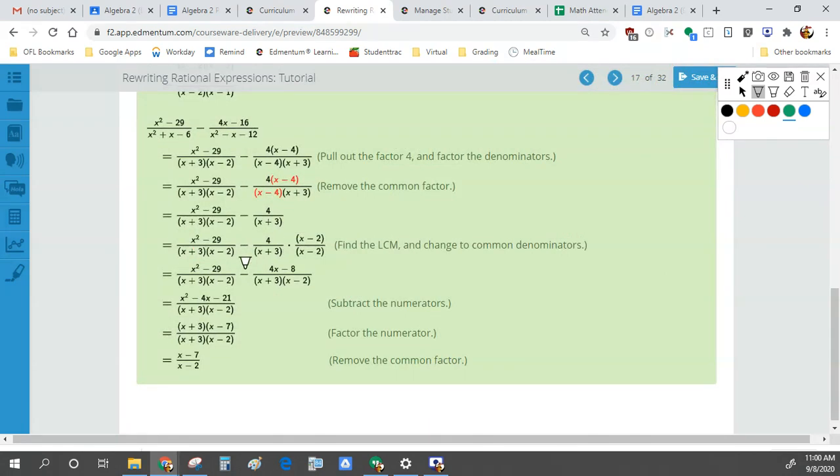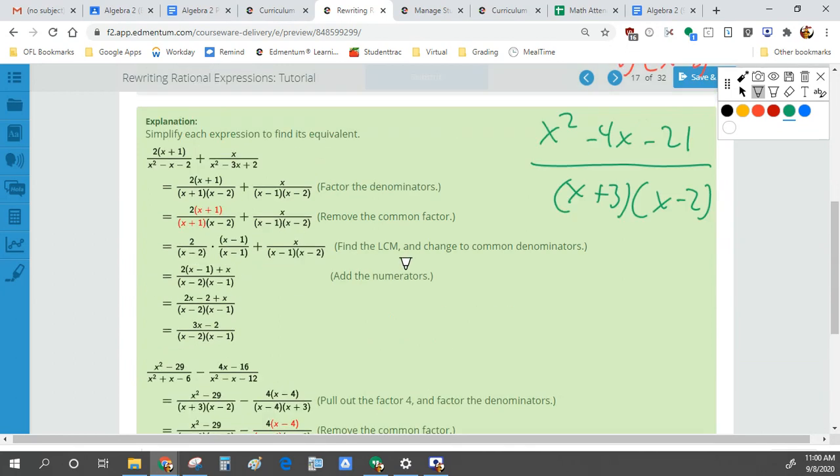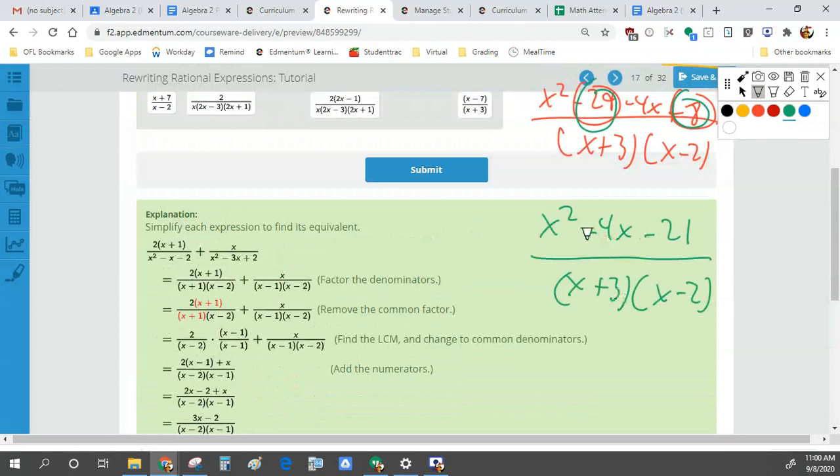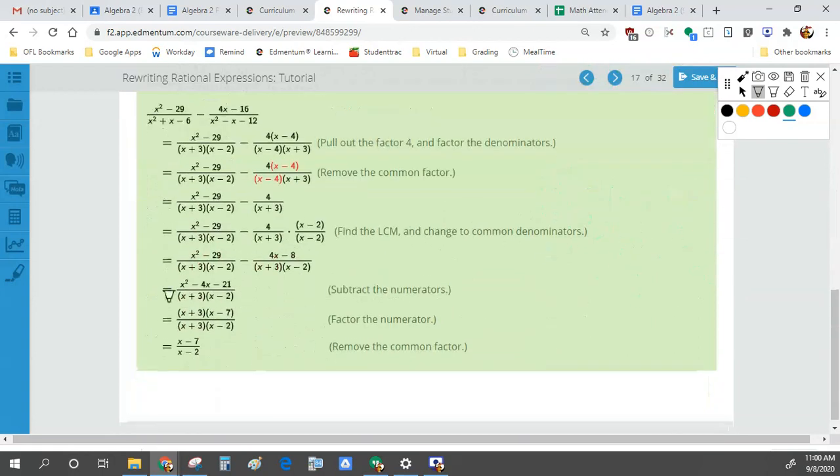This is the part where I'm at. So that makes this negative 4, negative 8. And that's this part right here where I'm at. So you can see the work. That's why I don't like their explanations. They skip a lot of steps. So this is what I get here. If I do a box method, it'll probably be something like this. And let me show you why that works. Let me do this really quick, guys.